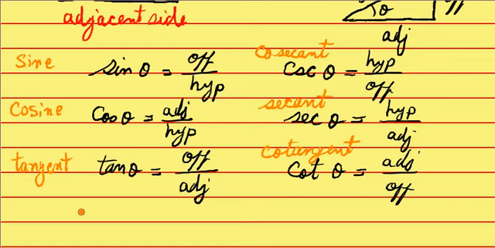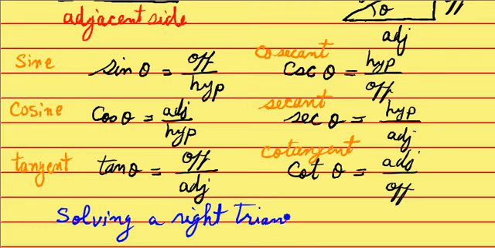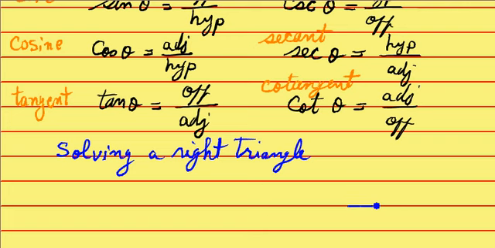Well, one way that you use these functions is to specify properties of a right triangle. Sometimes the issue is referred to as solving a right triangle. Solving a right triangle means that here's a right triangle.